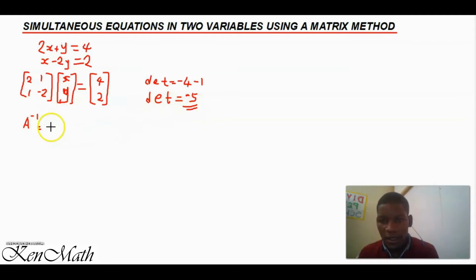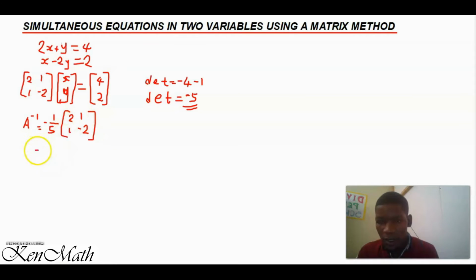And then with that determinant, to find the inverse we're going to say 1 over negative 5 multiplied by the matrix 2, 1, 1 and negative 2, adjusted using the diagonals.